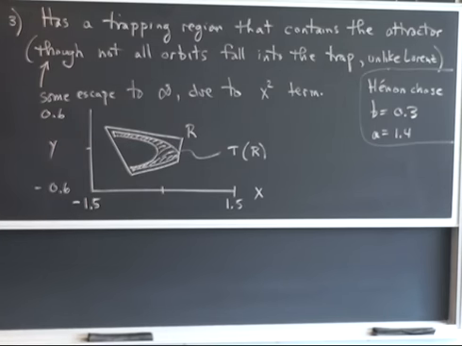I could mess this up. But let's see. So we were saying the map is x_{n+1} = y_n + 1 - a x_n squared, and y_{n+1} = b x_n.